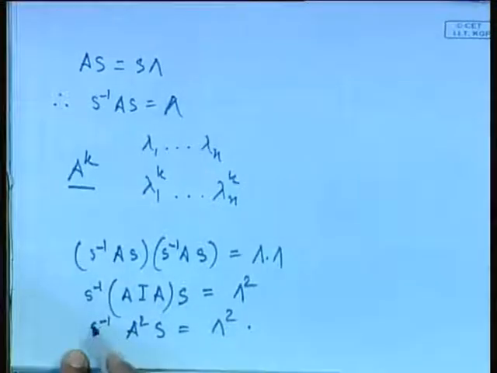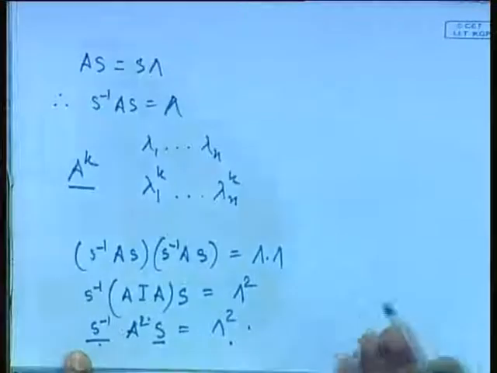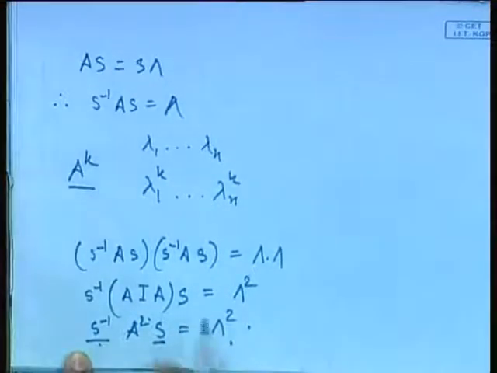So, you see A square has the same eigenvectors as A, they are stored in S, and the eigenvalues are lambda 1 square, lambda 2 square and so on. And similarly A power k has the same eigenvectors as A, and the eigenvalues are lambda 1 power k to lambda n power k.